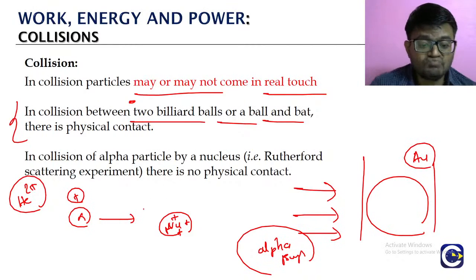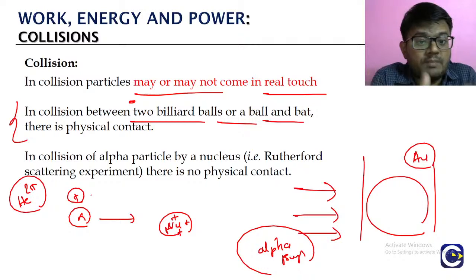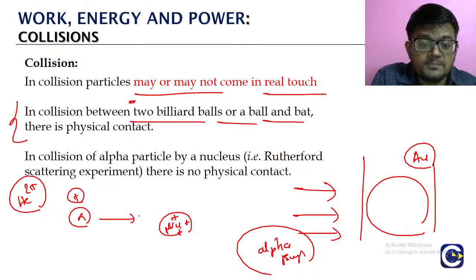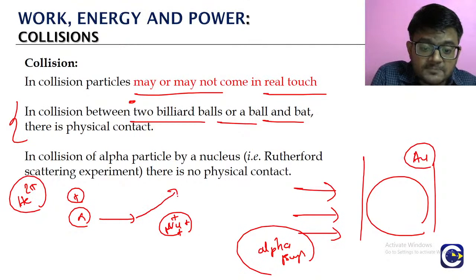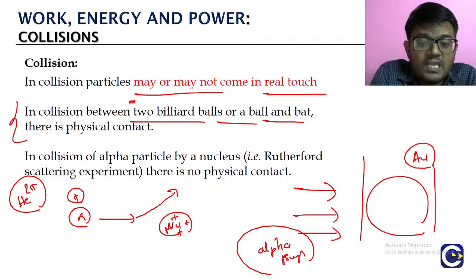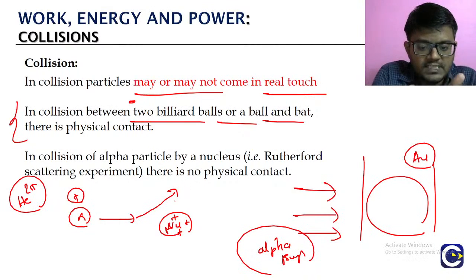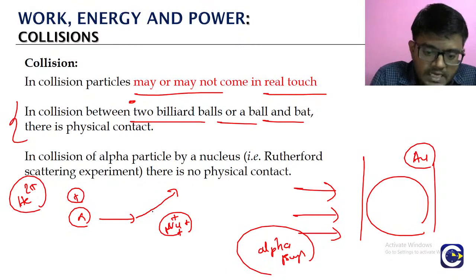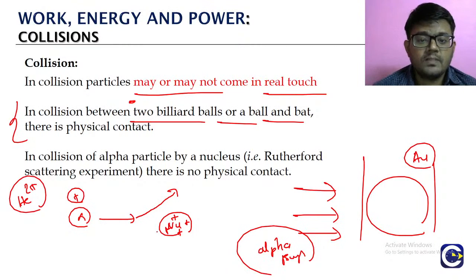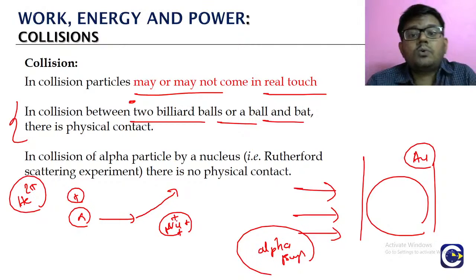There will be electrostatic repulsion, because positive charges repel each other. Because of that, the alpha particle gets deviated from its path even before having a physical touch with the nucleus of the gold. So before the physical touch, it gets deviated. You will also call this a collision.